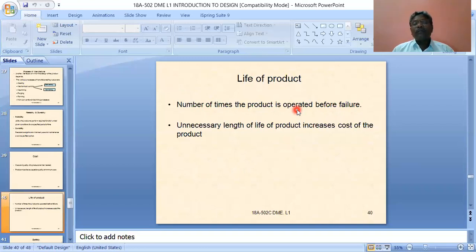An unnecessary length of life increases the cost of the product also. That's why life of the product is also another important parameter, right?